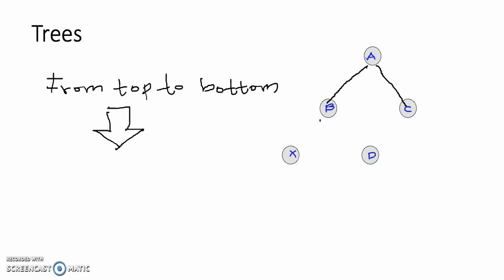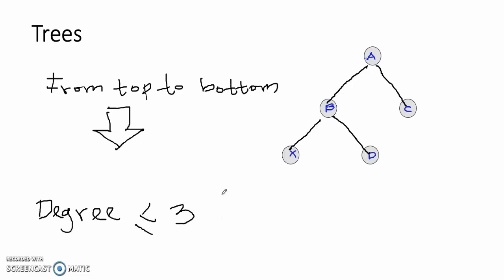And then from B, this connects to a vertex called X, and B also is connected to a vertex called D. So the other characteristic here is that the degree, the number of edges or links from a given node, does not exceed, is at most 3. It may be 1, or it may be 2, or it may be 3, but it doesn't exceed.